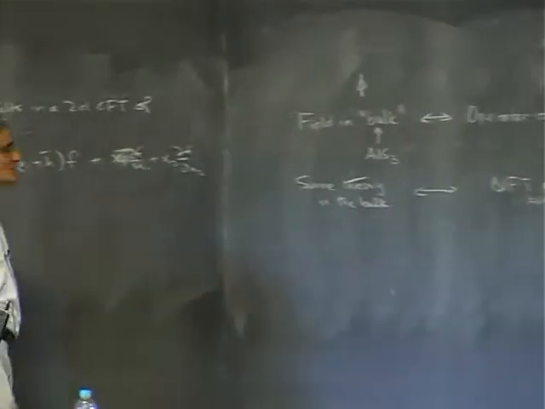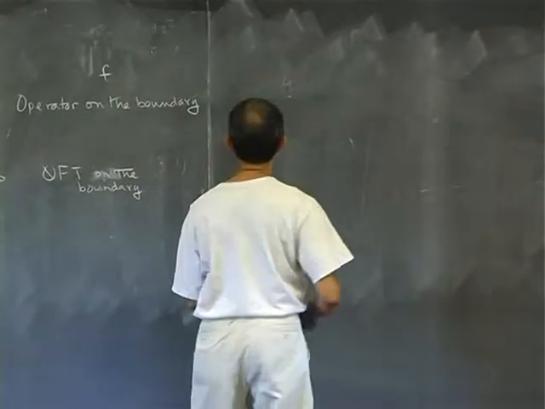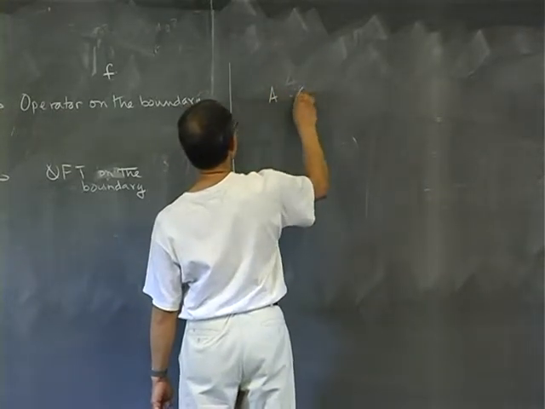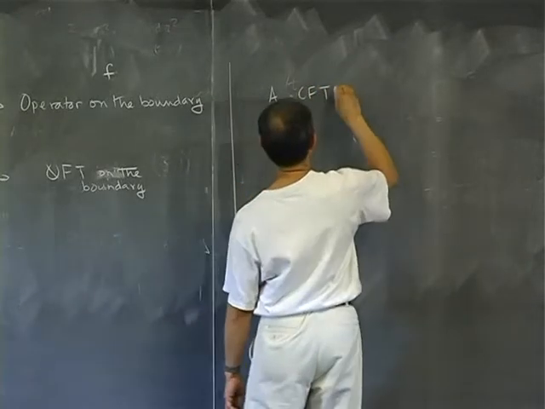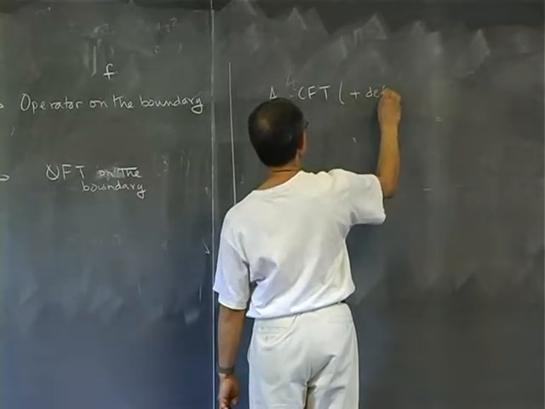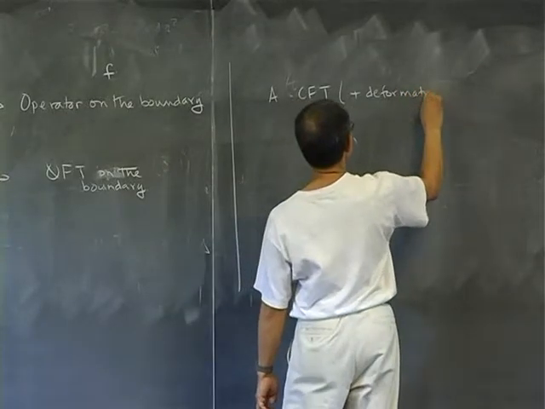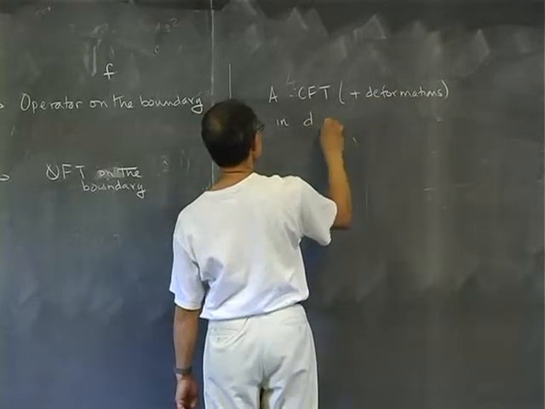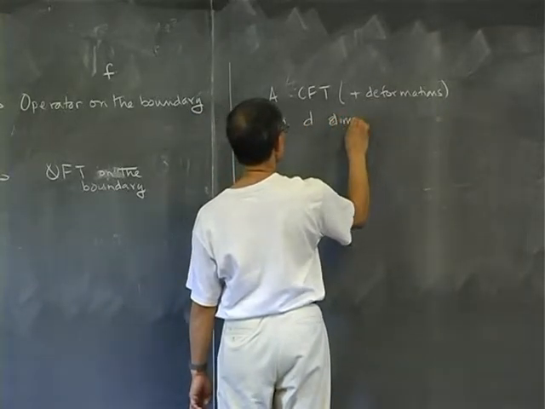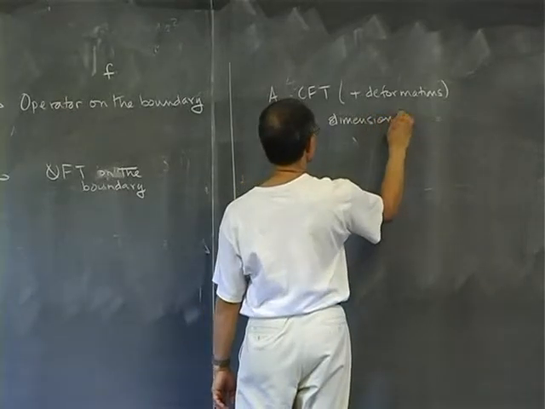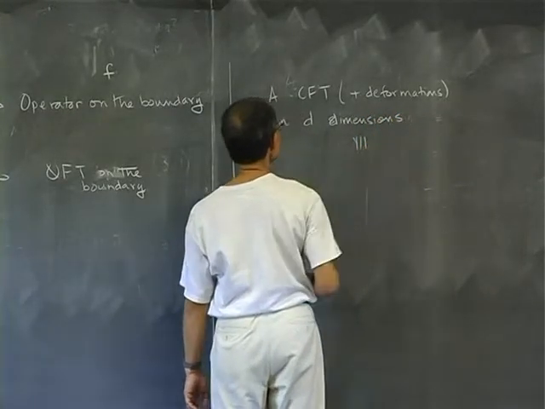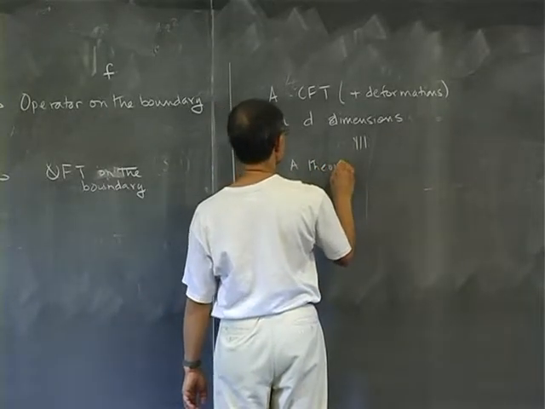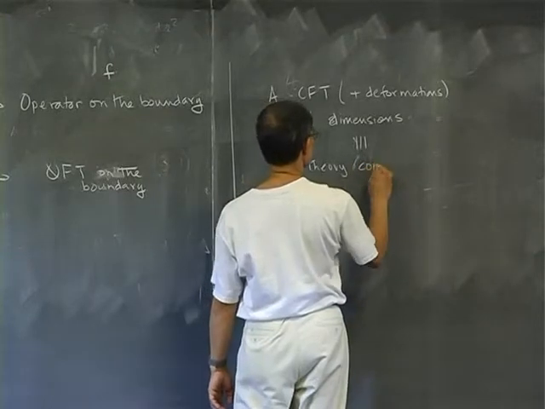What the AdS-CFT conjecture tells you is the following, that a conformal field theory plus deformations, which makes it non-conformal, in d dimensions, these all Euclidean, is equivalent to a theory which contains gravity.